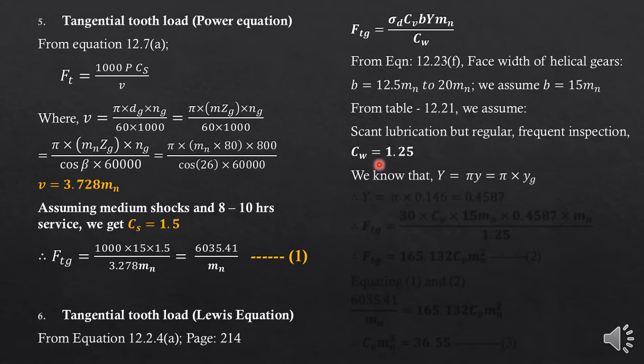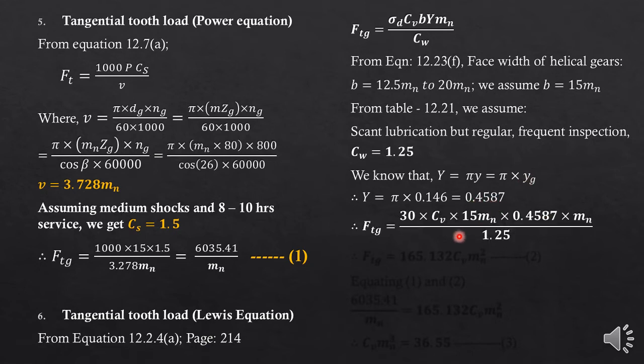And capital Y we know is form factor, which is equal to pi into Lewis form factor. Since we are designing for gear, it is pi into Lewis form factor of gear, which turns out to be 0.4587. Substitute everything into the tangential tooth load formula and you will get the equation as 165.132 CV Mn square.